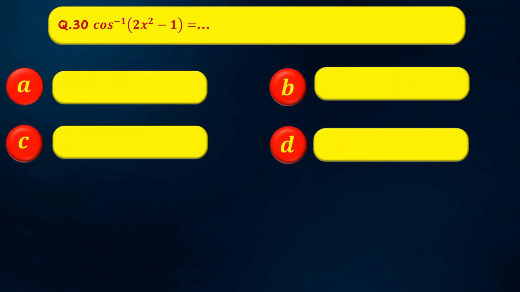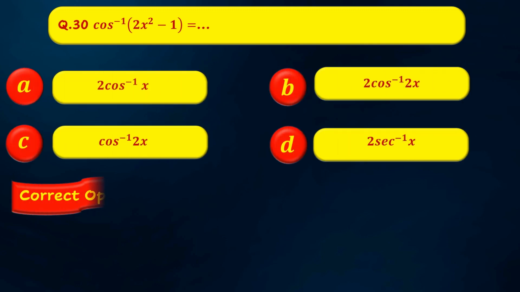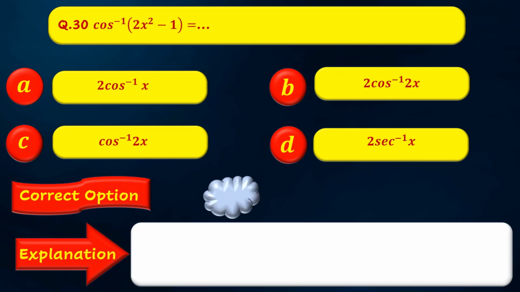Question number 30. Cos inverse 2x square minus 1 is equal to, and the options are. Let's find out which one is the correct option. But before that, let's explain it. Let cos inverse x is equal to y, and it gives x is equal to cos of y. Therefore, the given expression cos inverse 2x square minus 1 can be written as cos inverse 2 cos square y minus 1.